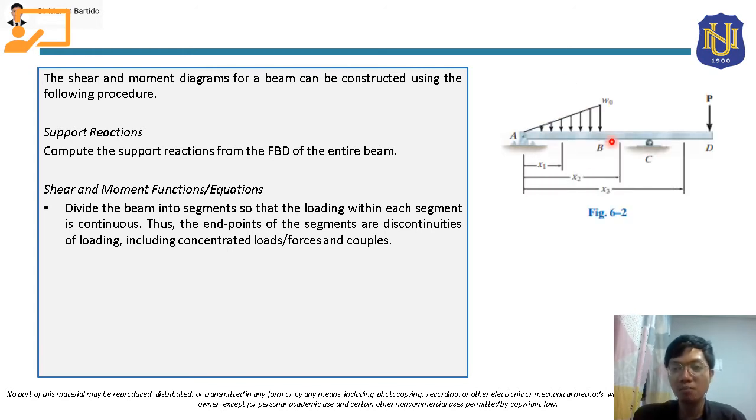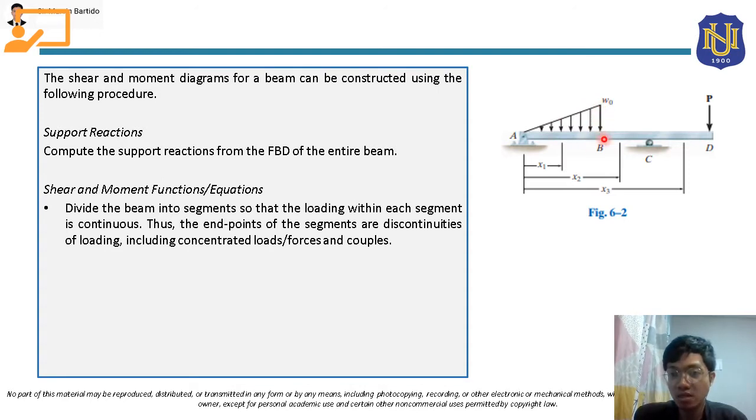For example, for this beam, we are going to divide this into segments, depending on the loadings. Let's say, class, we have here this segment AB, since here at point A this load starts, and this varying load ends.